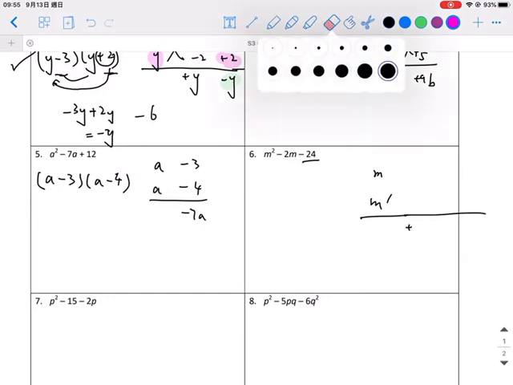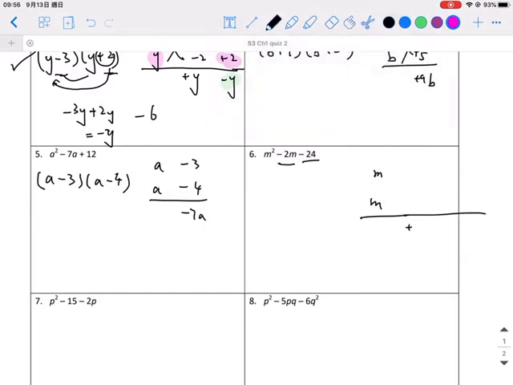Therefore, we can try the pair with a bigger distance, because the second term is negative 2m. So it should be positive 6, negative 4, and negative 6, positive 4, because the difference between these two numbers is 4. The first one gives positive 2m, the second one gives negative 2m. So the second one is the correct pair, and therefore we can write down m minus 6 and m plus 4.